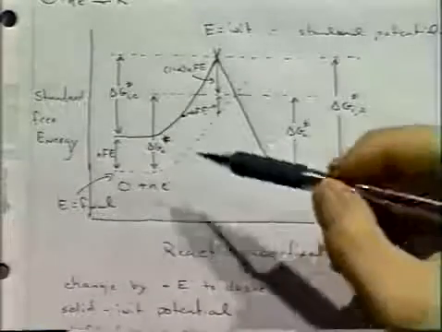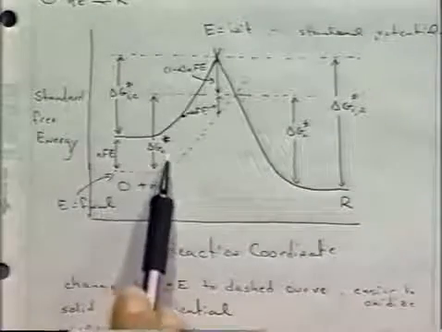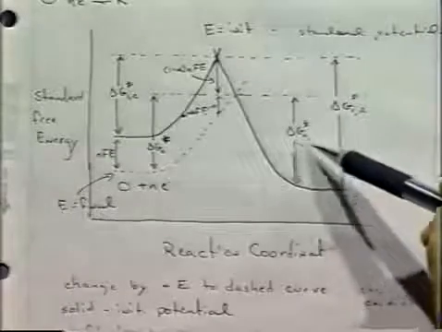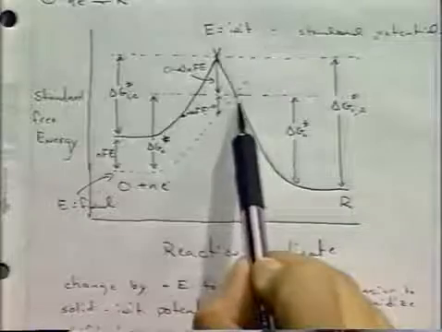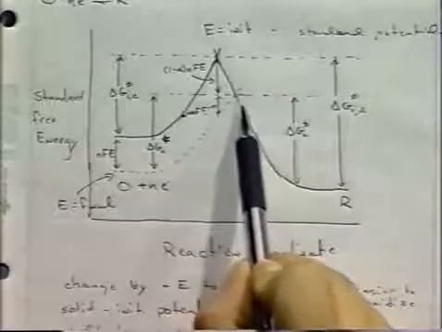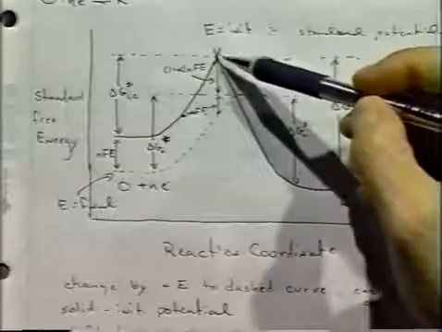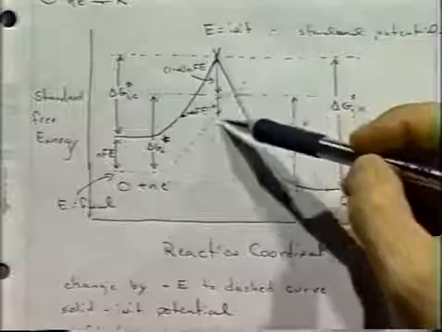Notice that the activation energy for the new potential is changed, and the activation energy for the anodic process is also changed. You can see that we've changed the activation energy for the cathodic process by this amount and the anodic process by this amount.